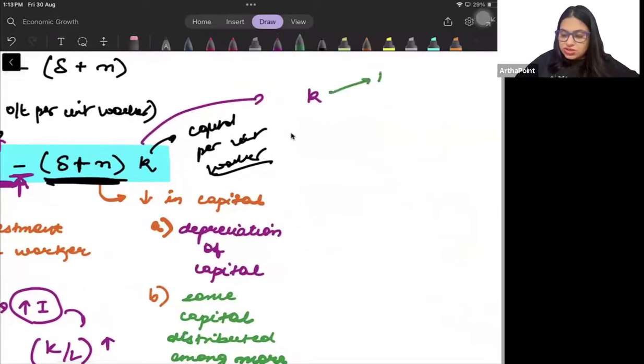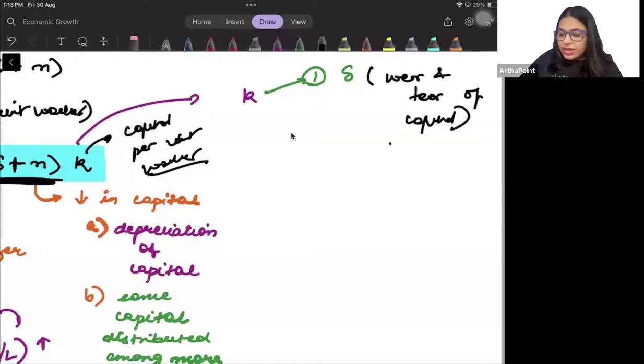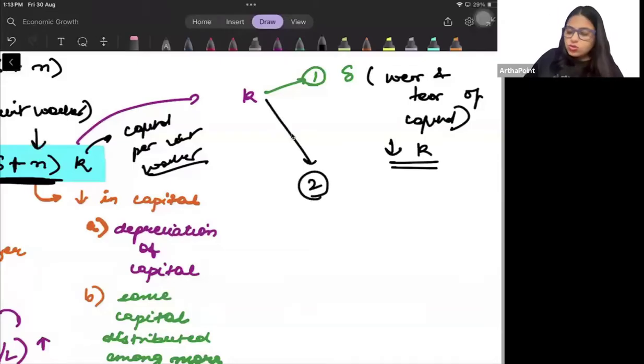The first reason can be depreciation. Whenever there is going to be wear and tear of capital, जब भी depreciation होगा, then it is going to decrease your capital per unit worker. Capital कम हो जाएगा तो capital per unit worker भी कम हो जाएगा. The second thing why it can decrease is due to the population growth.